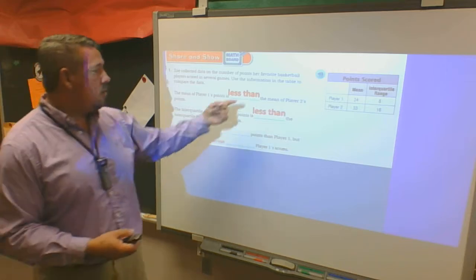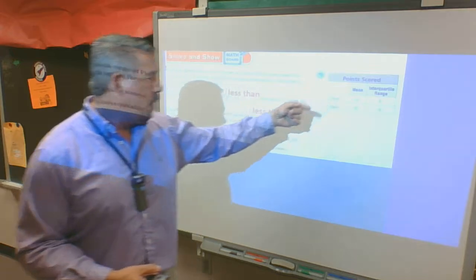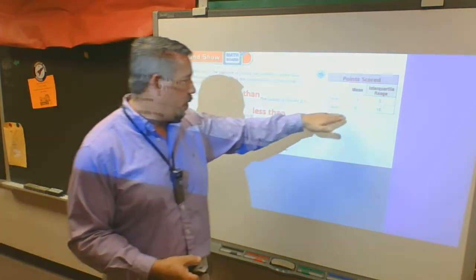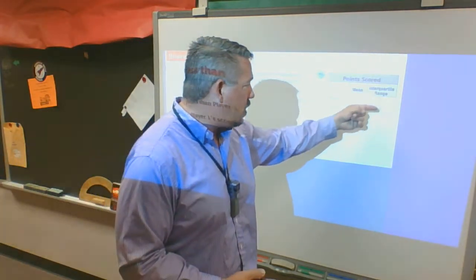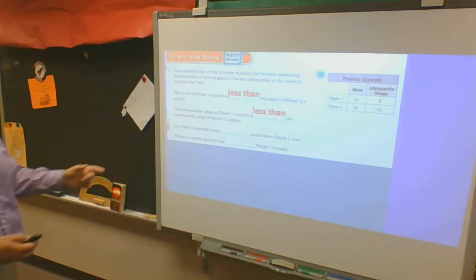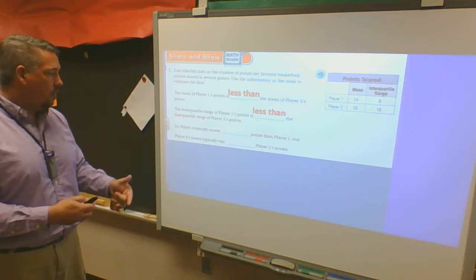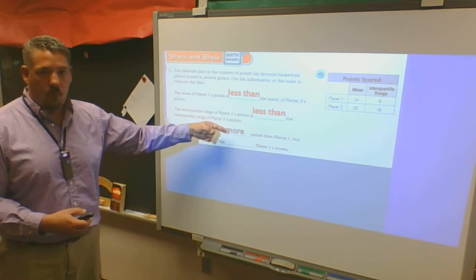Well, it is also less than the second one. So I have a mean that's less than player 2, and I have an interquartile range that's less than player 2. So player 2 typically scores blank points than player 1, more points, right?